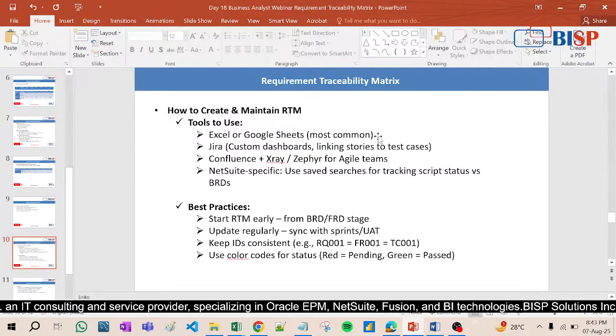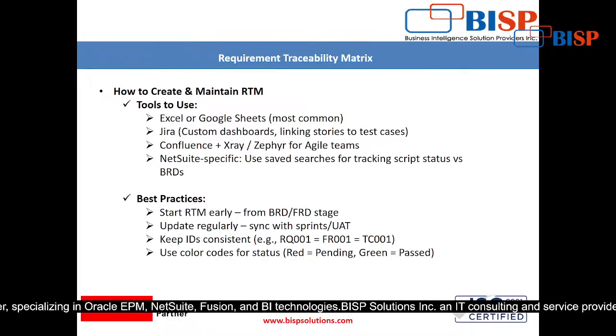Then here we come to how to create and maintain RTM. Again the same thing, how to create and maintain the RTM. Now first of all, creation, I have explained to you how to create. Tools to be used: Excel, Google Sheets, Jira, Confluence, NetSuite.